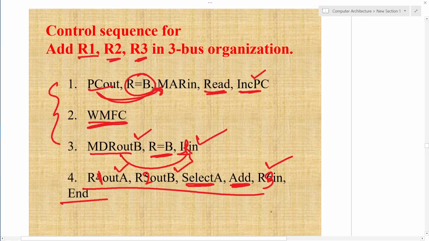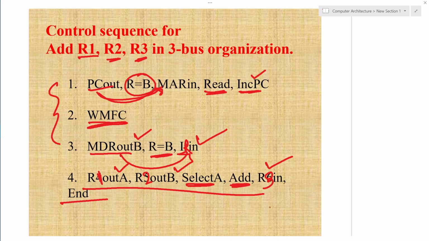So this way the multi-bus executes the instruction, and all the examples we have discussed so far, whether it is a register to register operation, fetching a word from the memory, or writing a word to the memory, can be done in multi-bus, and may be executed with fewer control steps.